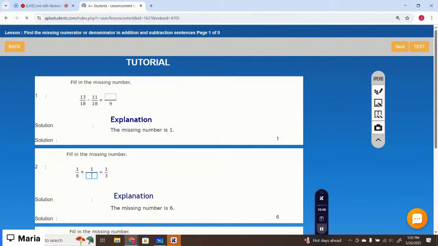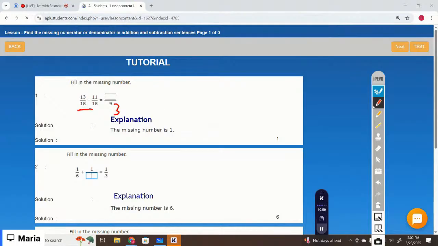Fill in the missing number: 13 over 18 minus 11 over 18 equals the missing number over 9. To solve this, they have the same denominator, so you simply need to subtract the numerators. We need to do 13 minus 11, which is 2.